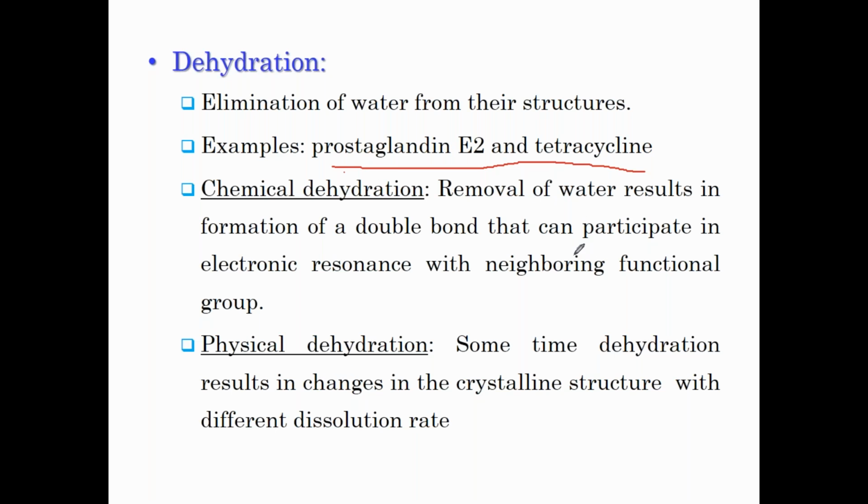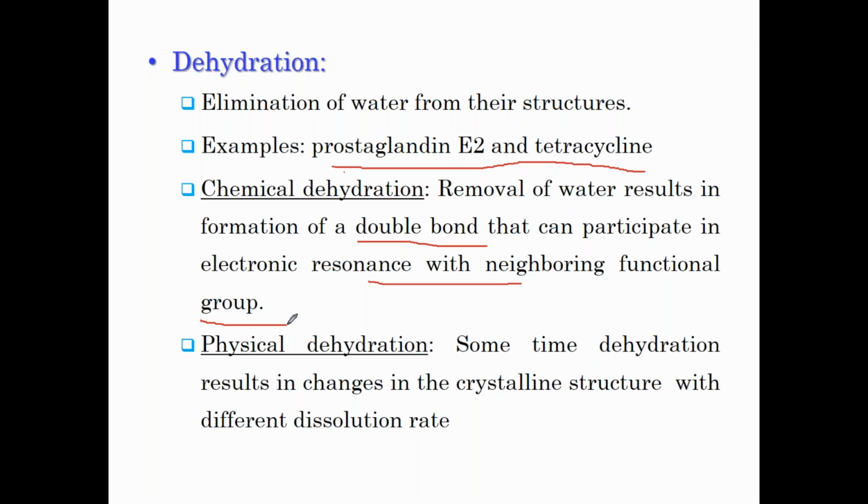In case of chemical dehydration, chemically there is an interaction happening. Removal of water results in formation of a double bond that can participate in electronic resonance with a neighboring functional group. If you are strong in chemistry, maybe it will be easy for you to quickly grasp it. I'm not a chemistry person, so I sometimes struggle to understand this electronic resonance, but I'm not bothered.